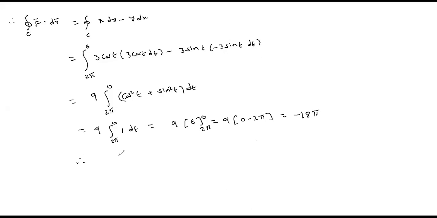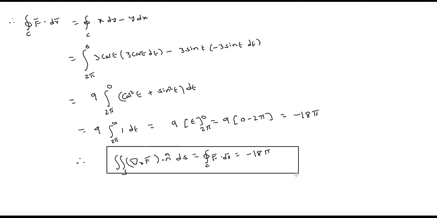Therefore, the integral over S of curl f bar dot n bar, by Stokes theorem, is the integral over C of f bar dot dr bar, which equals minus 18 pi. Here the orientation of the boundary plays an important role. Always remember, by default n is the outward normal vector.